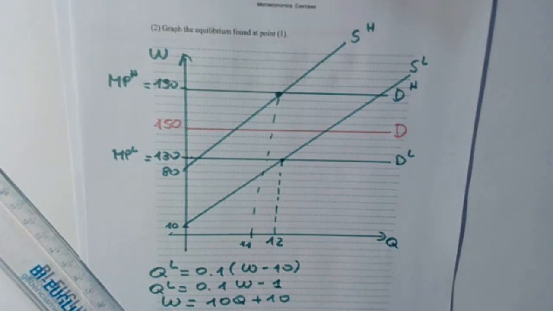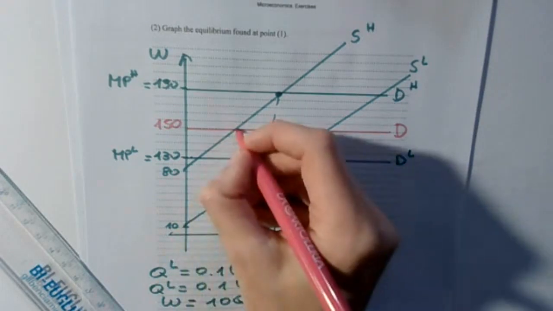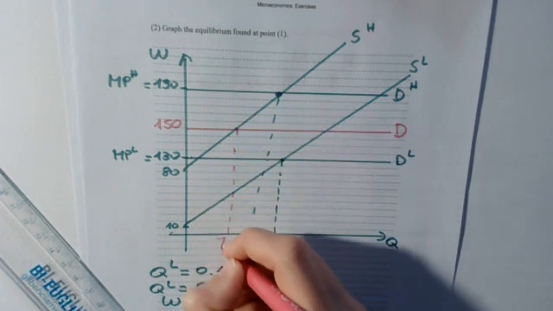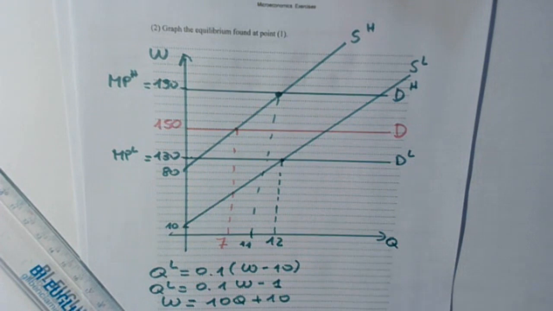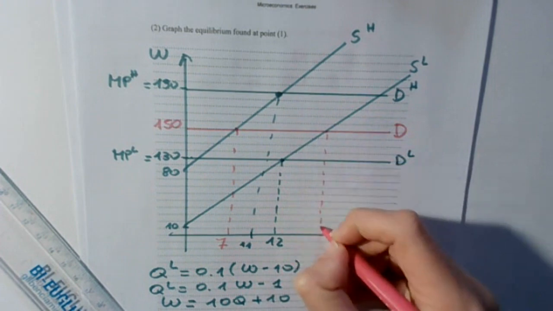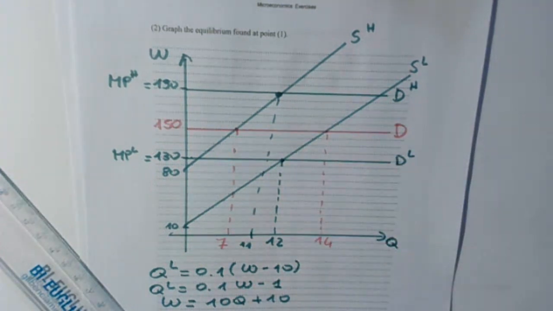Okay, so the intersection point between SH and this new demand gives the number of workers hired now at equilibrium, that's 7. While this intersection point here gives the 14. Okay? So now we have to indicate, and also, only indicate in the graph the loss of social well-being due to this asymmetric information context that we have.